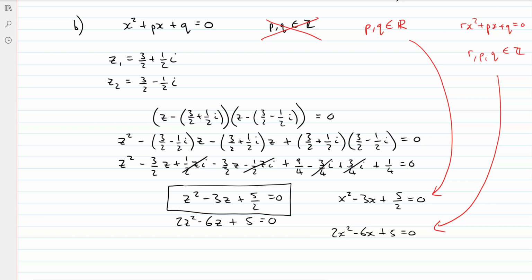So the question here is poorly worded. It should be more, or kind of less specific, I suppose, depending on how you look at it. But these are both correct answers for this. One where we've got integer coefficients and one where we don't. Always remember that they do like to have integer coefficients, so they do like to times up by that 2 at the end. But both will give the same roots. That's it.